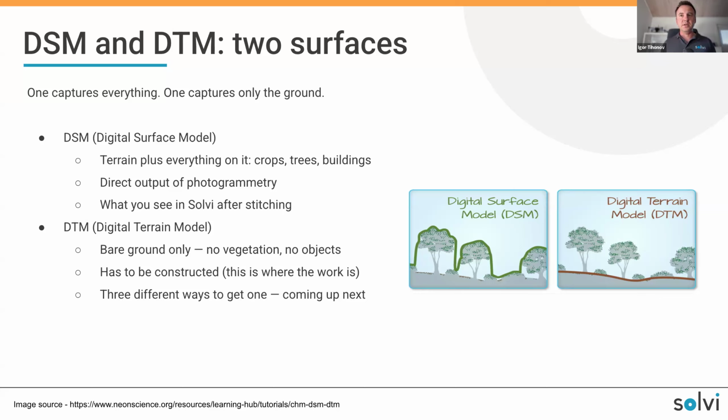And it's essentially an elevation map that represents the terrain of the field, but also all the objects on top of it. So if there are crops in the field, they become part of the digital surface model. If there are some trees or even man-made objects like cars, houses, or even if there are people in the imagery, they will all be represented in this elevation map.